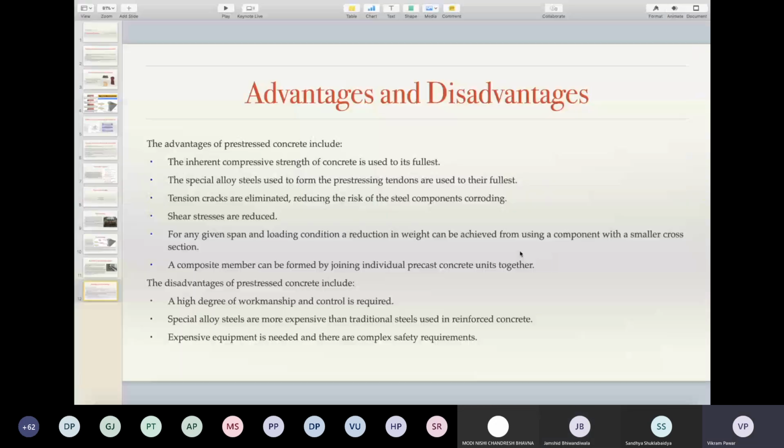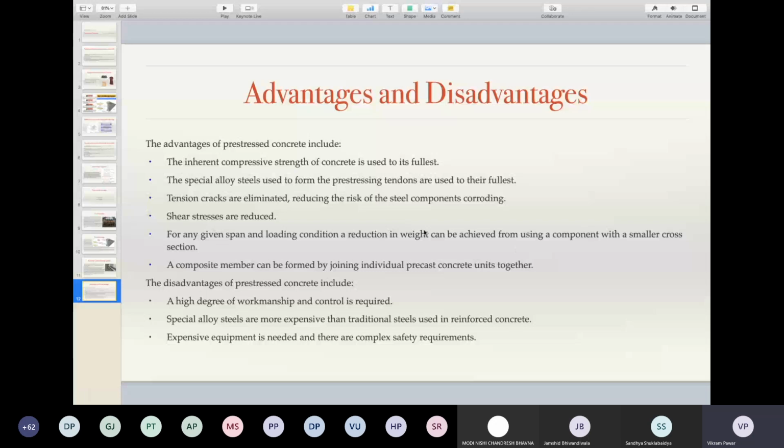Okay, so advantages and disadvantages. The advantages of pre-stressed concrete include that the inherent compressive strength of concrete is used to its fullest. Earlier, the concrete was M10, M20 or M25, and there was no way of utilizing M40, M80, or M120 grade concrete, because it simply didn't justify.